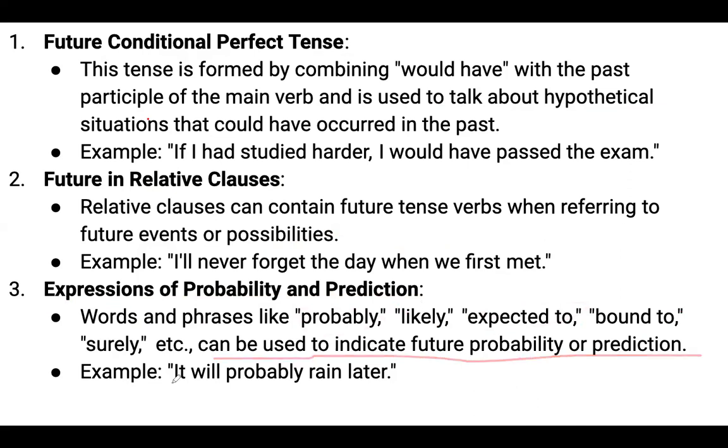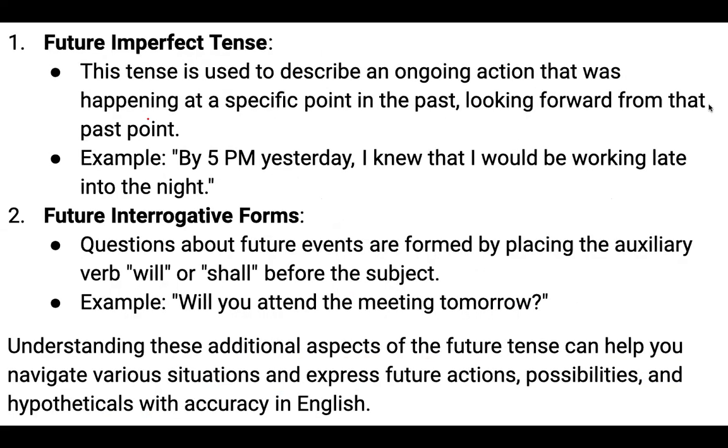Example: It will probably rain later. It will probably rain means it is not happening at the moment, but in the future it may happen. So you need to remember these words.